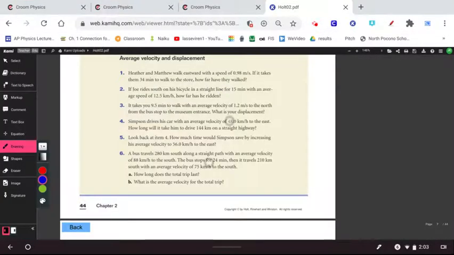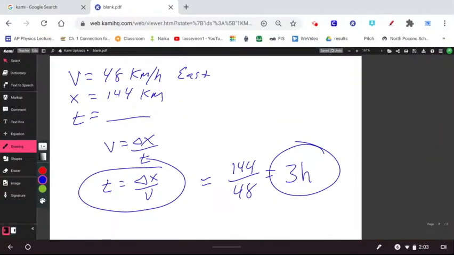Number 5 takes a look back at number 4. How much time would Simpson have saved by increasing his average velocity to 56 kilometers per hour east? So we just changed the denominator here. 144 divided by 56 gives us 2.57 hours.